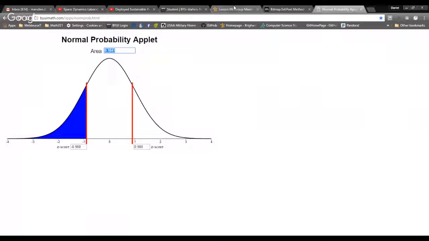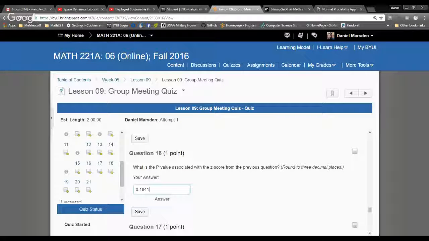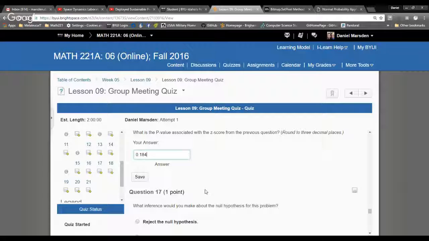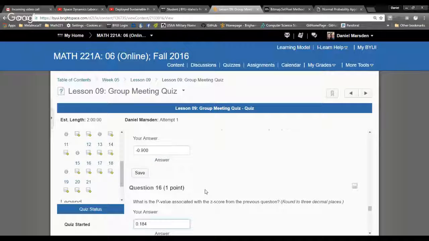What probability did you get for the p-value? 0.368. What are you getting? No, I got 0.184. Does your probability look like your graph? It's right here. Oh, you just did that left side.